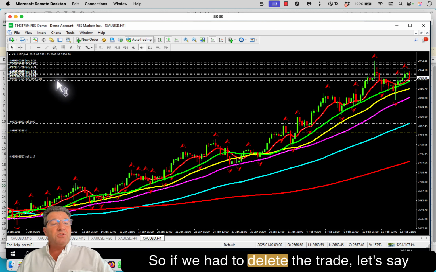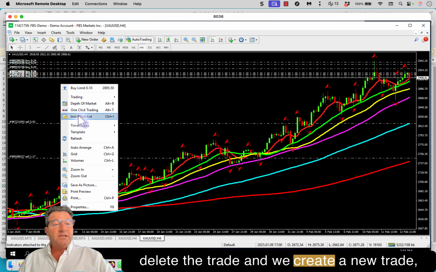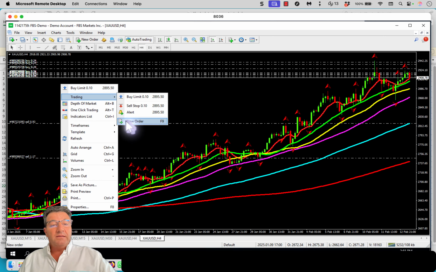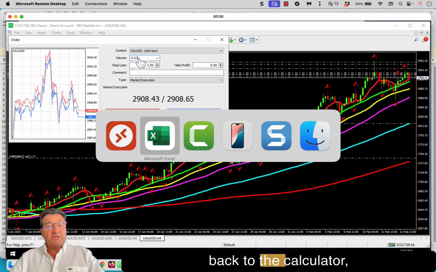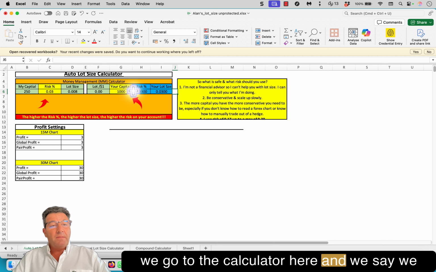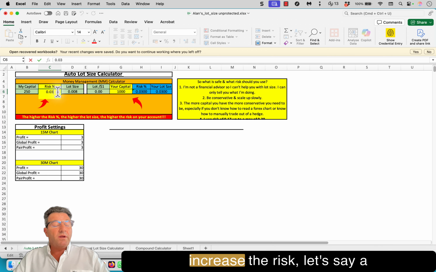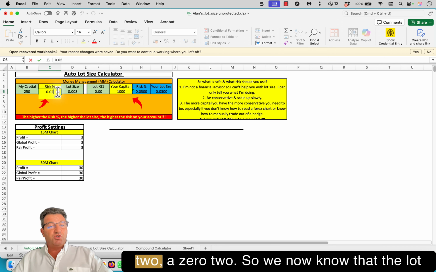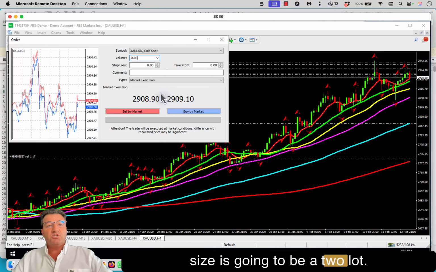So if we were to delete this trade, and we create a new trade, let's say new pending order, and we go back to the calculator. We say we want to increase the risk to, let's say, 0.2. So we now know that the lot size is going to be a 2 lot.